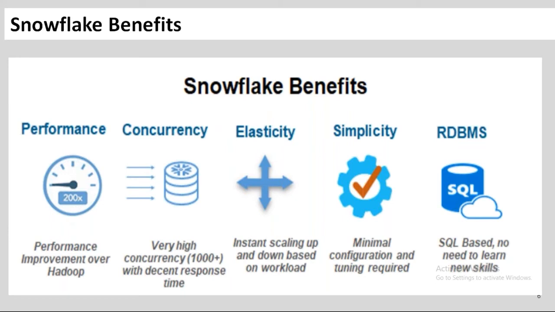All those things we follow, and those things are not required in Snowflake. By default, whenever you store the data in Snowflake, it stores the data in the form of partitions. Whenever you query the data from a Snowflake table, automatically it retrieves the data from those partitions. It can directly go to the partition and retrieve the data. So that's the beauty of Snowflake here.